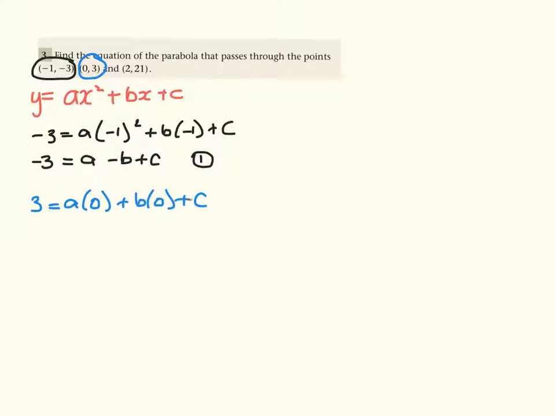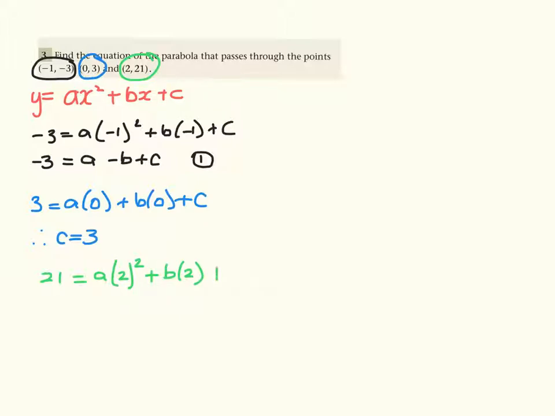Okay, so we've substituted 0 in, and that makes it quite easy for us because it tells us that c equals 3, because a lots of 0 is 0, b lots of 0 is 0 as well. Okay, so we know c is 3. Now we're looking at the third point, 21, so y equals 21 when x equals 2.